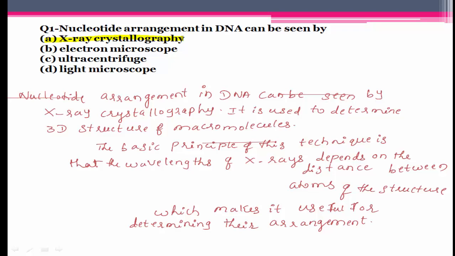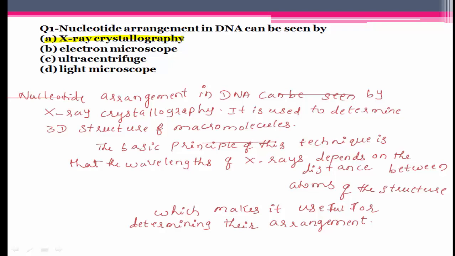The basic principle of this technique is that the wavelength of X-ray depends on the distance between the atoms in the structure, which makes it useful for determining their arrangement.